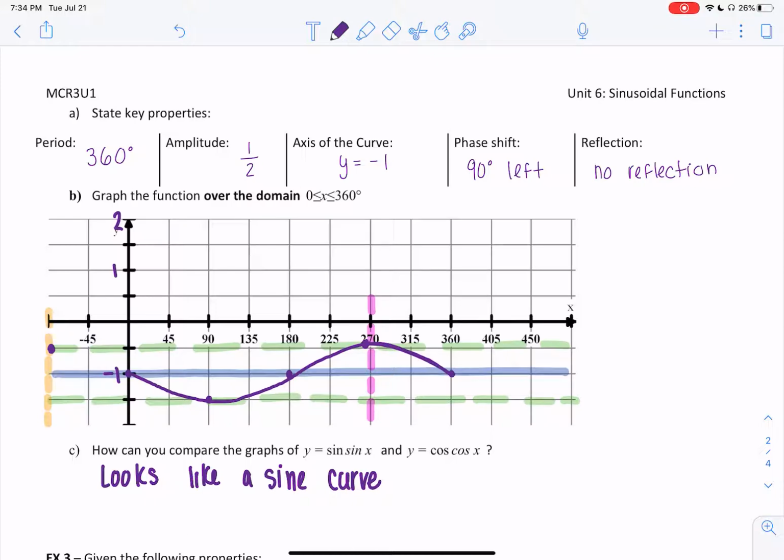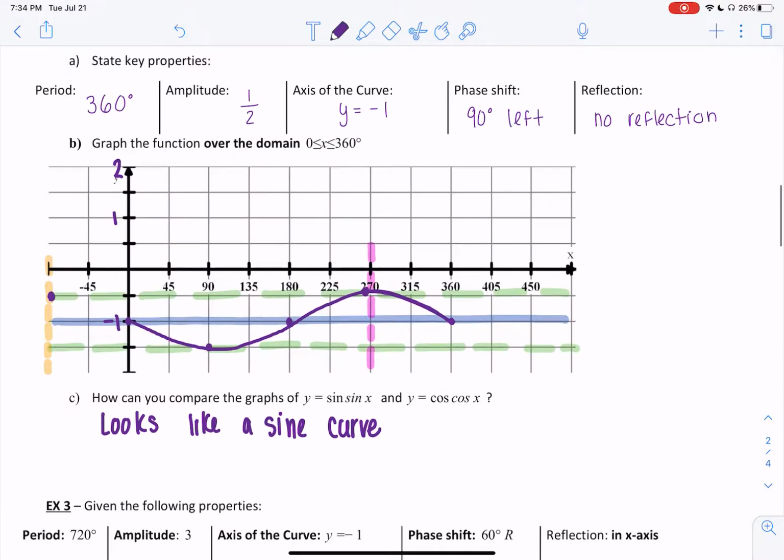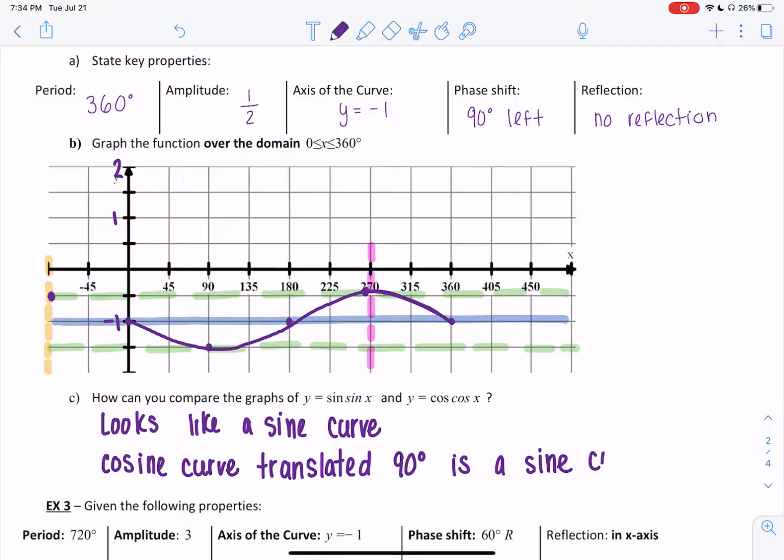So, what we know is that if I take a cosine curve, move it over 90 degrees, I get a sine curve. So that means that using phase shifts and translations, we can write equations for these curves as sine or as cosine.